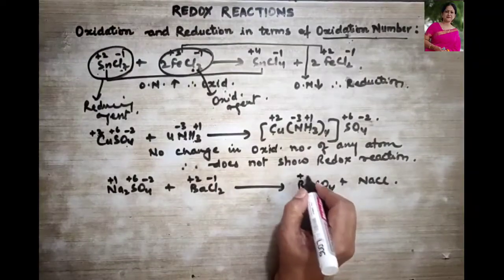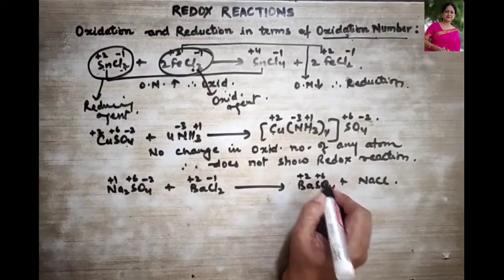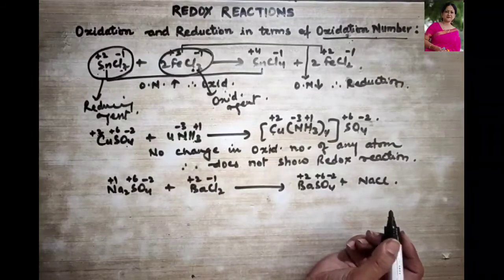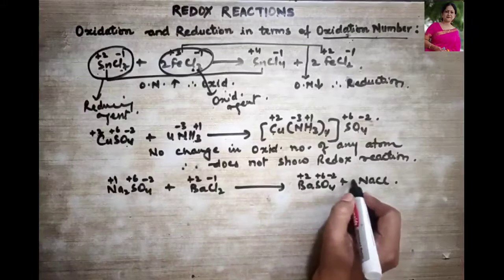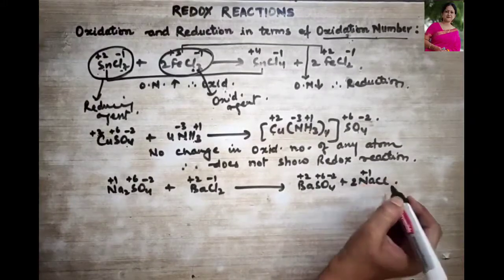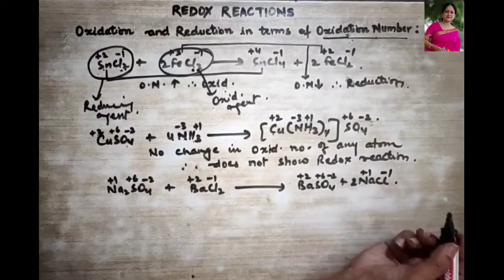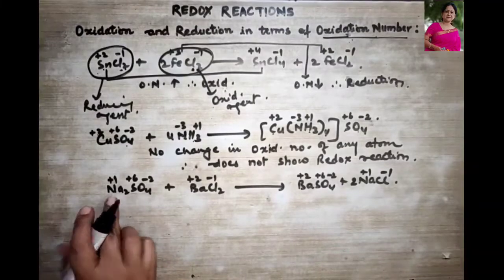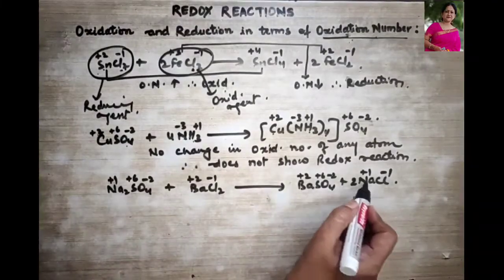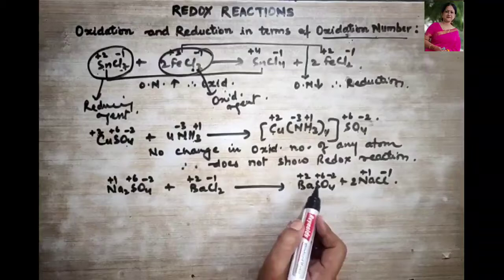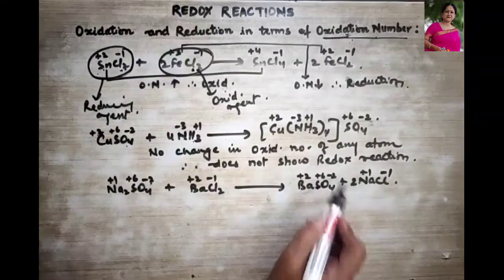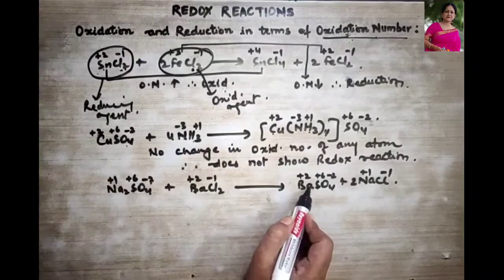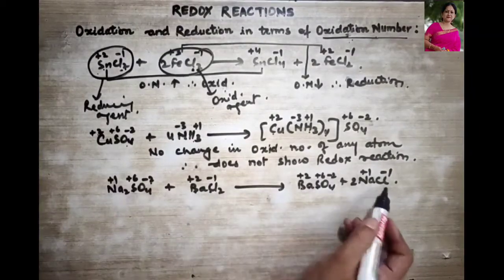For barium it is +2, sulfur +6, oxygen -2. So balance it, so it is +1 and chlorine is -1. Now let's check. Sodium +1, sodium +1, sulfur +6, oxygen -2, oxygen -2, barium +2, barium +2, chlorine -1, chlorine -1.